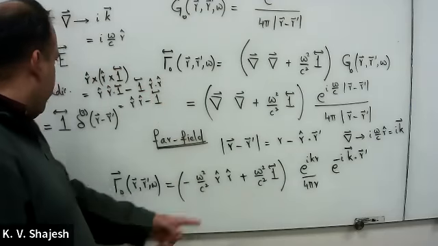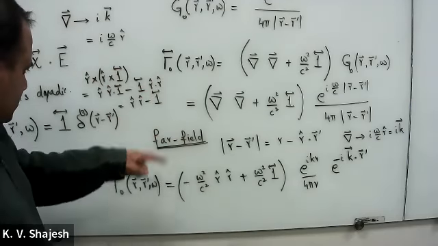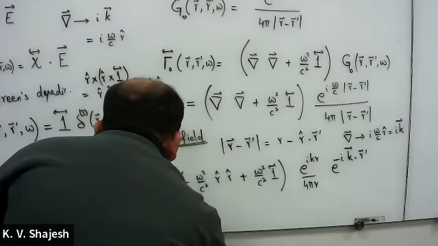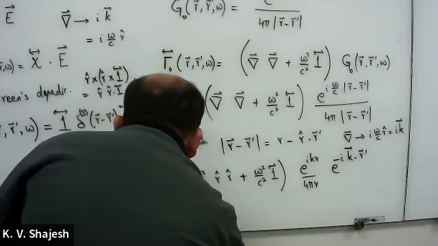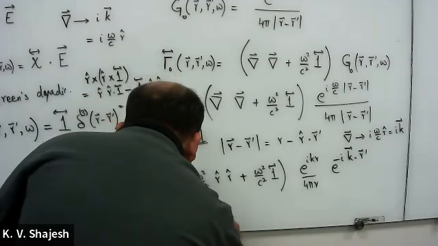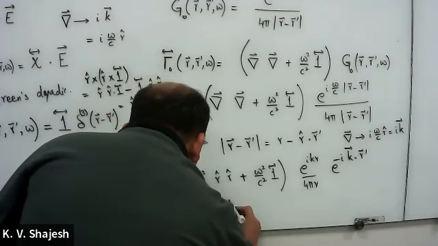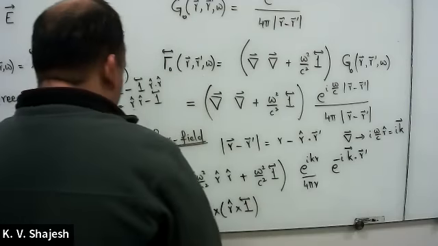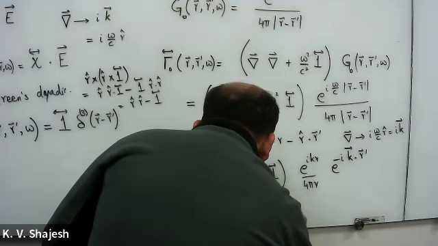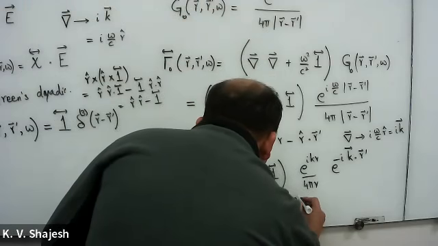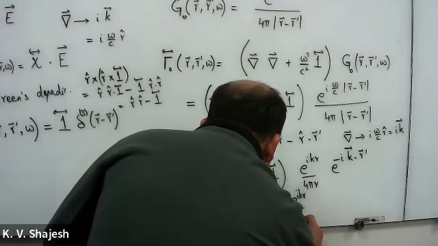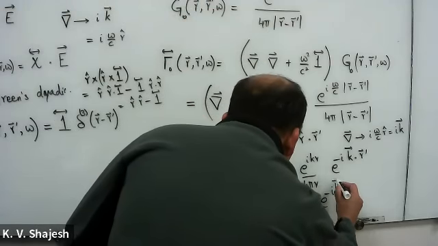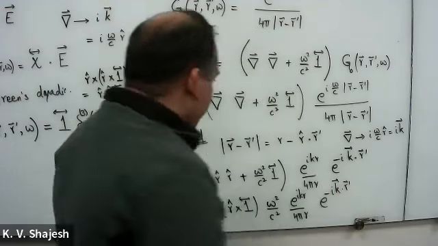So this way of writing it is nothing but this. So we have minus r hat crossed with r hat crossed with 1 times omega square over c square, e raised to ikr over 4 pi r and e raised to minus ik dotted with r prime.